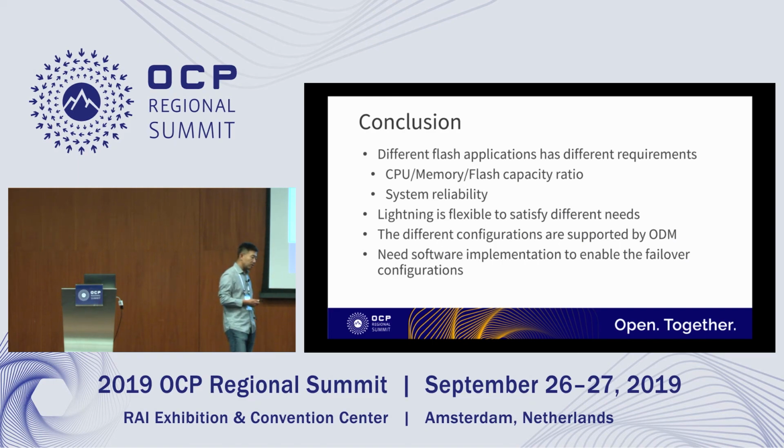We also discussed how we improve the system reliability by creating a failover scenario. So Lightning, again, is a very flexible platform to fulfill those different needs. If you're looking at adopting Lightning in your environment, it would be great if you explore these options, and hopefully these configurations help you make the best choice.